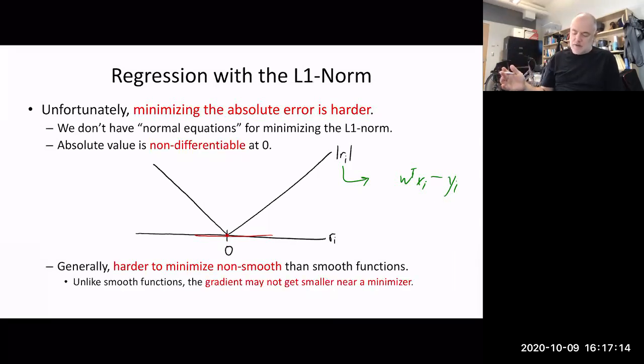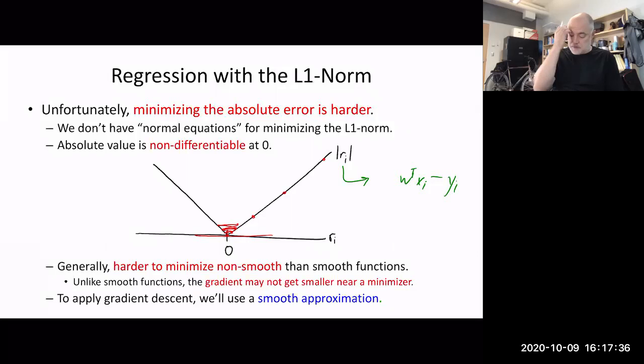In particular, the gradient magnitude here is the same as the gradient magnitude here, and here, and here. So if you don't have a very carefully chosen step size reduction, you can oscillate badly.